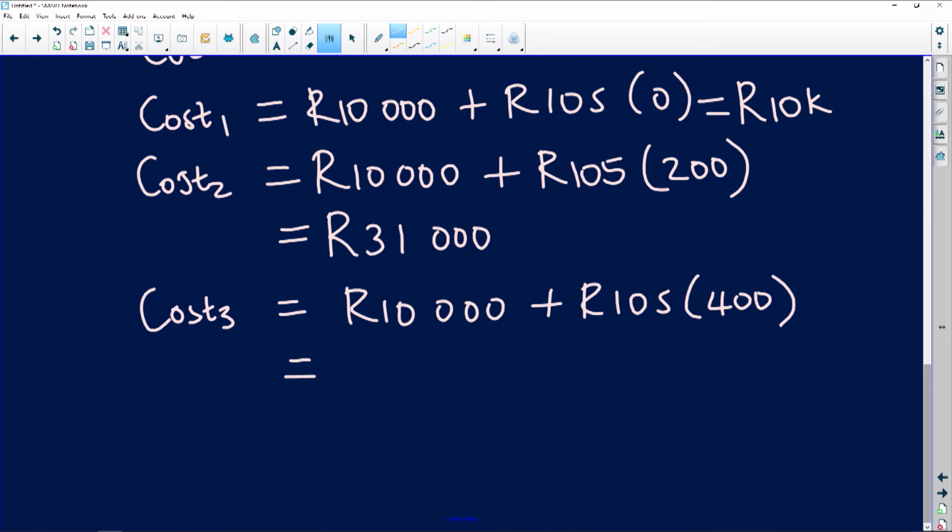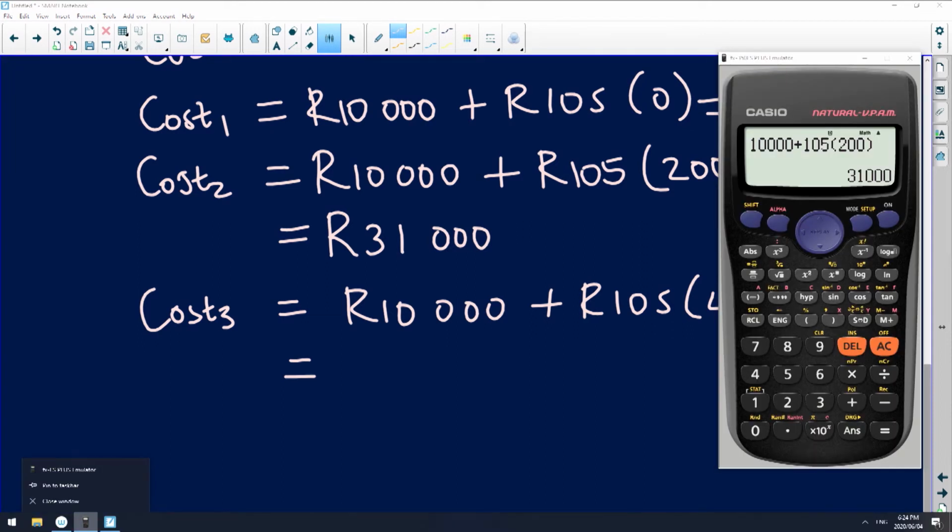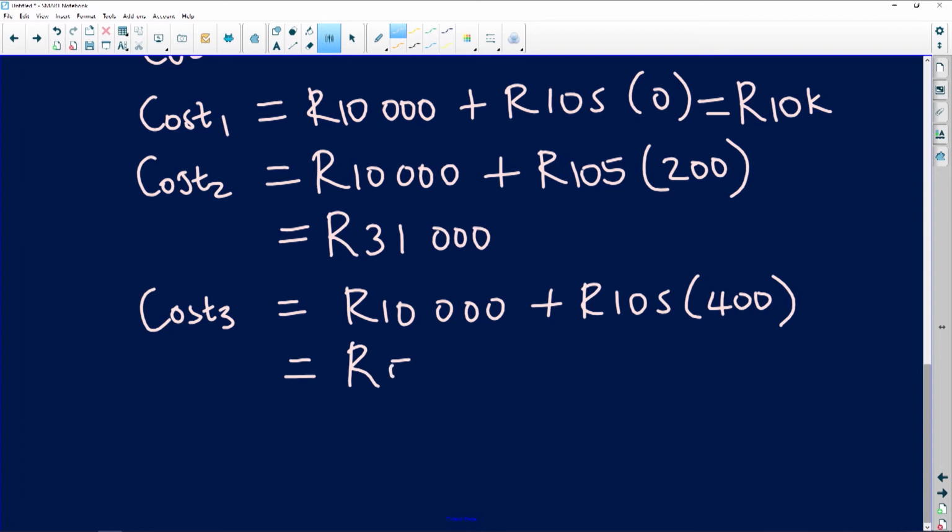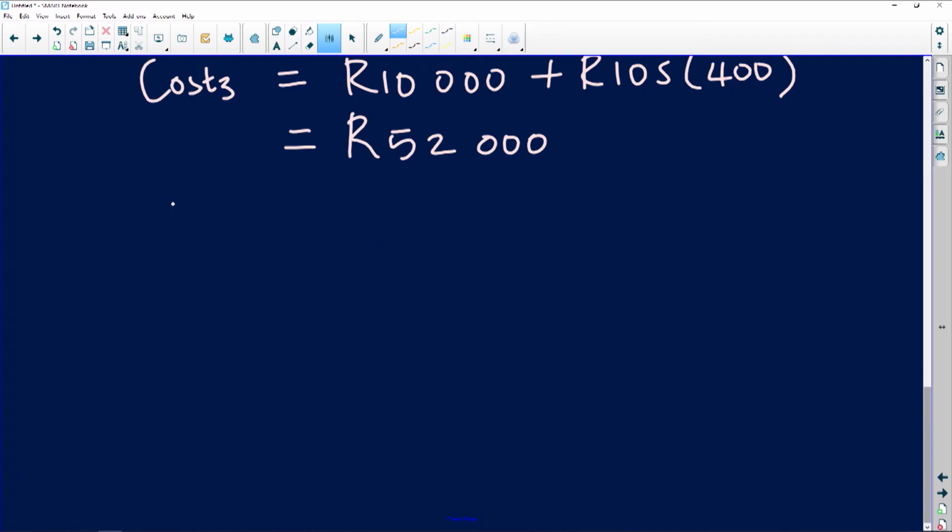So if we go to the calculator, okay, let's start from scratch. 10,000. I was trying to cheat it. So this time it's 400 items. That's 52,000 rand. And you can see the money is making sense. The money really needs to make sense. Cost 4.